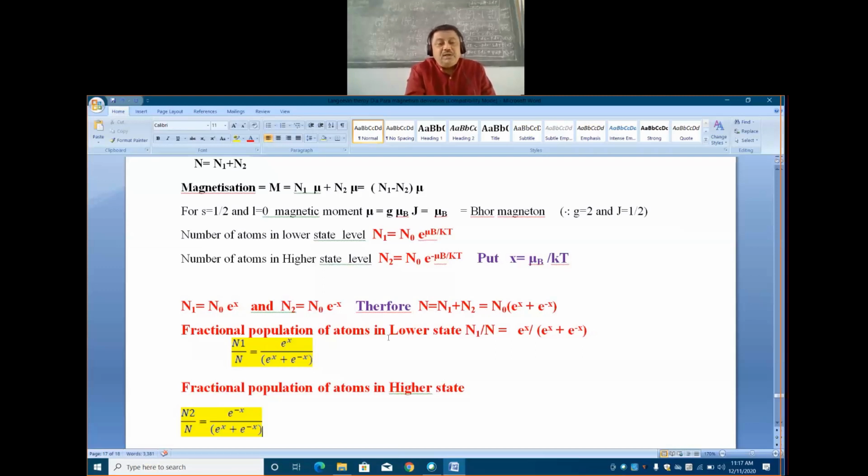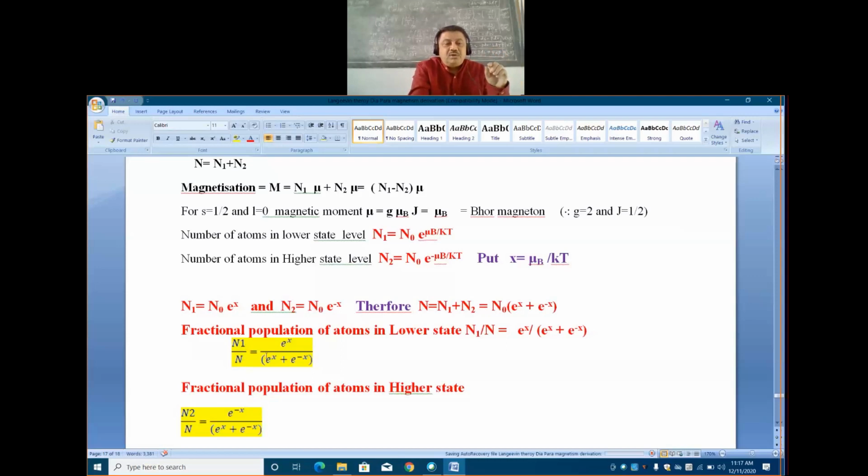Now, we have to calculate the fractional population, that is, the upper state is N1 divided by the total number of atoms N, and the lower state is N2 divided by N. So, N1 by N is the fractional population, the number of atoms in the lower state divided by the total number of atoms in the paramagnetic substance.